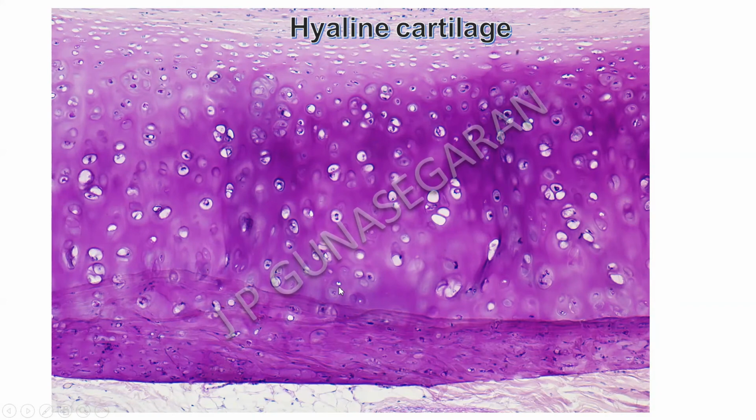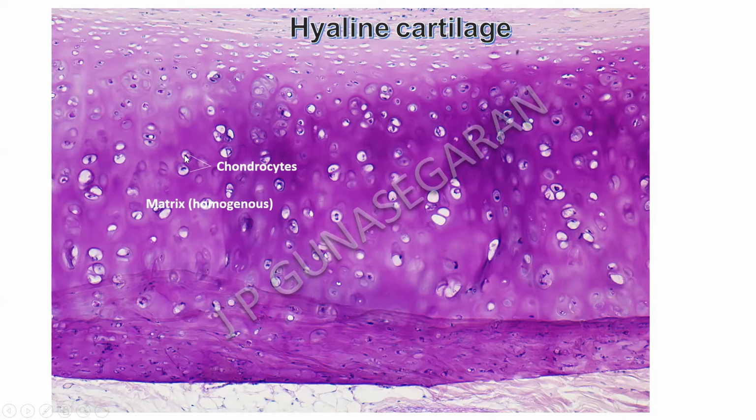This is a section of hyaline cartilage under low magnification. Hyaline cartilage is characterized by the presence of basophilic homogeneous matrix. The matrix appears homogeneous because the collagen fibrils present in it have the same refractive index as that of the ground substance. The other component is the chondrocytes present in lacunae.